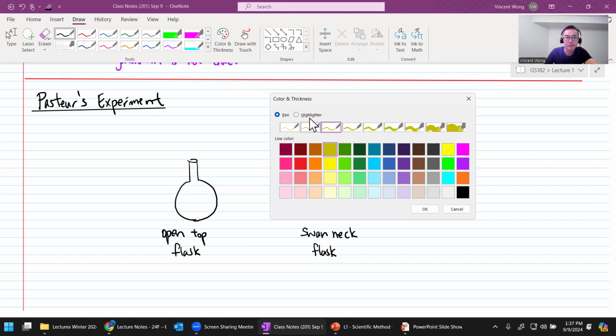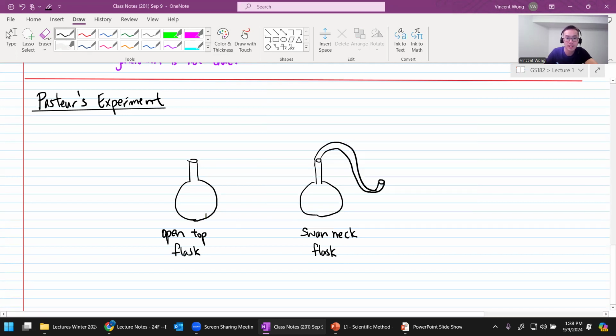Then he filled the flask with some broth, like chicken broth. I don't know if it's chicken, but some kind of broth, okay? In case you don't know what a broth is, it's like chicken broth or beef broth, what have you.